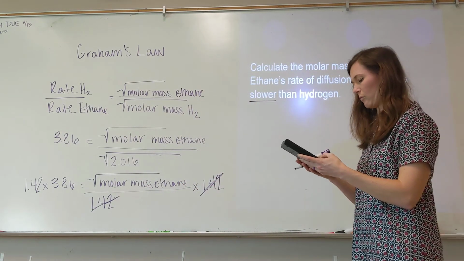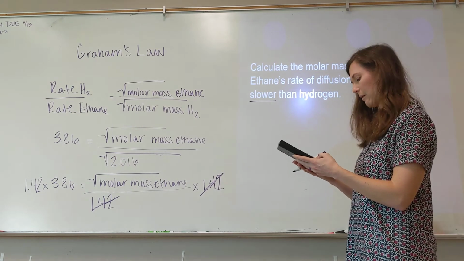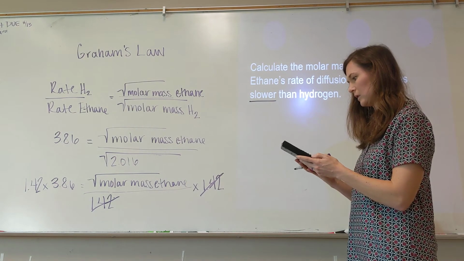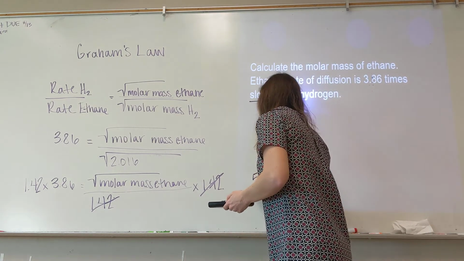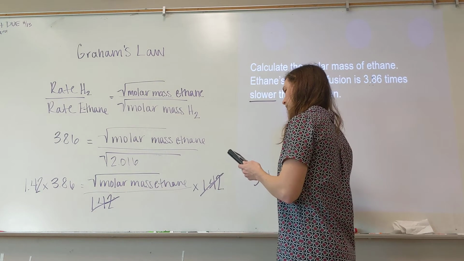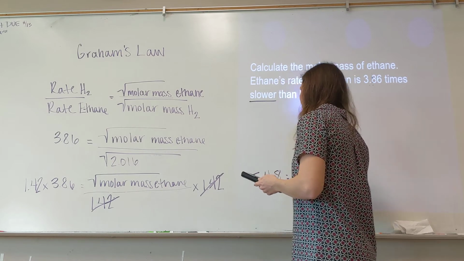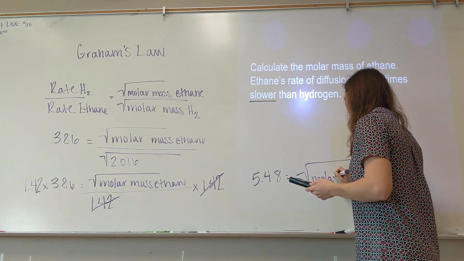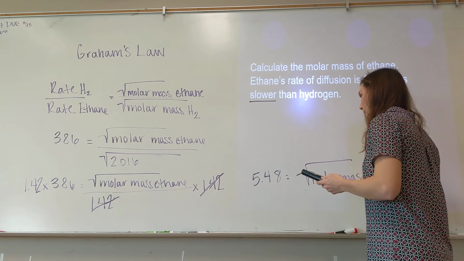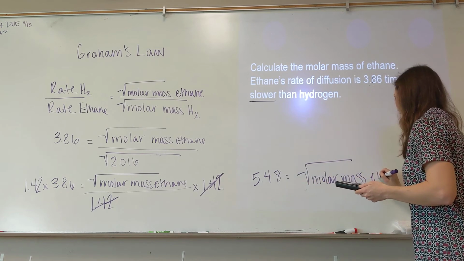So I'm going to get 1.42 multiplied by 3.86. And I get 5.48 is equal to the square root of the molar mass of ethane.